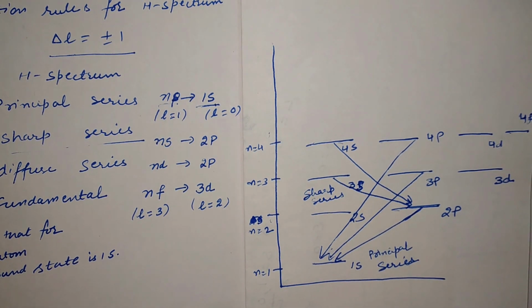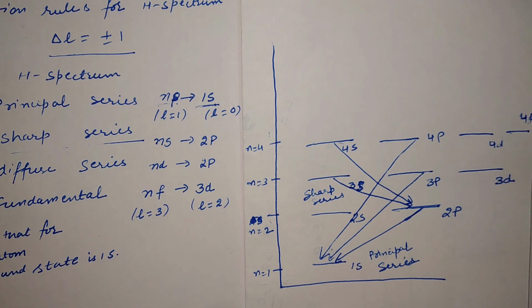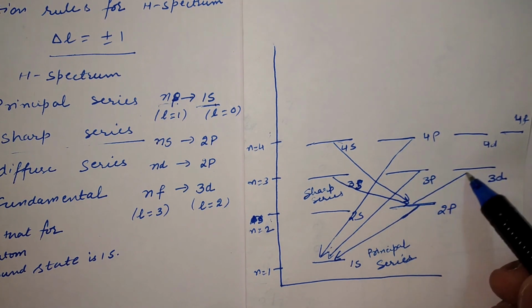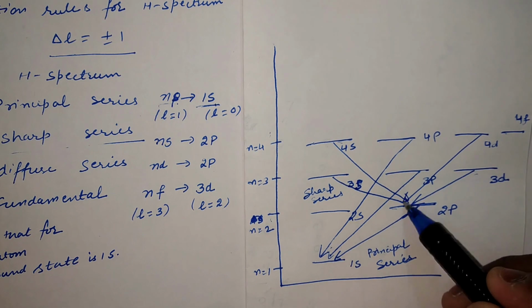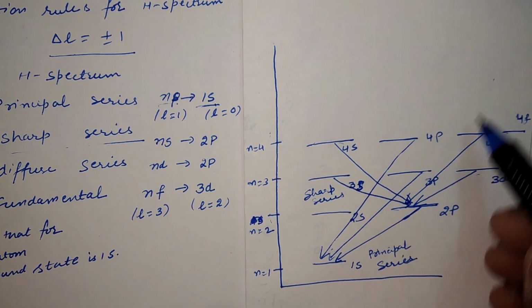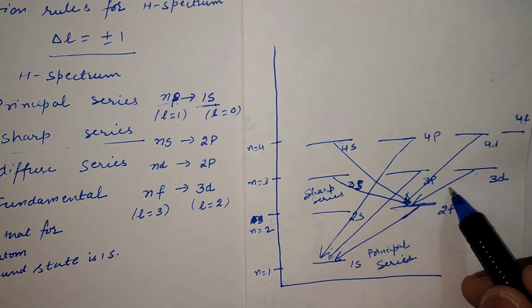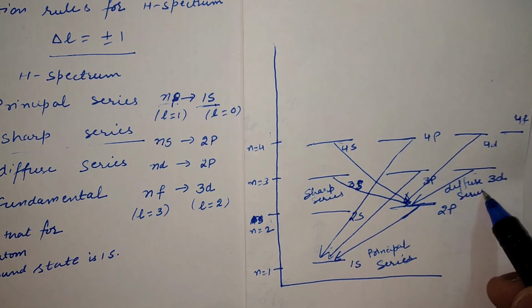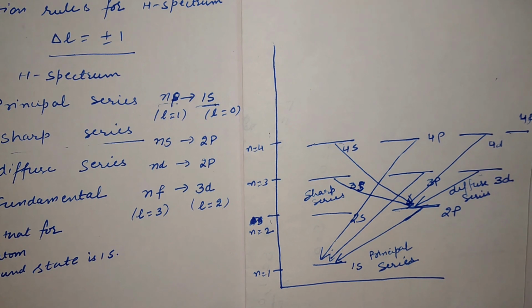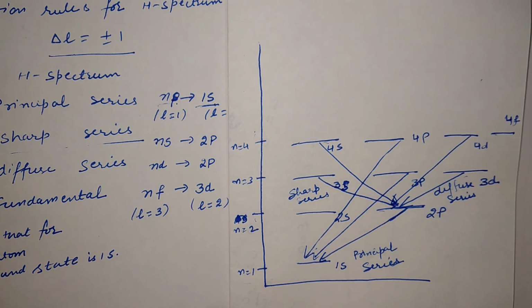Now the next one is the diffuse series. The diffuse series contains all the transitions from nd to 2p. So we have transitions from 3d to 2p, from 4d to 2p, from 5d to 2p, and they form the diffuse series. Now the last one, the fundamental series. All the transitions from nf to 3d form the fundamental series.